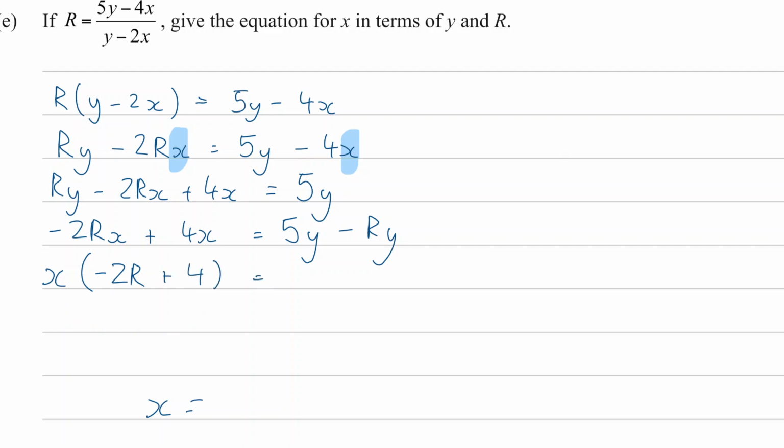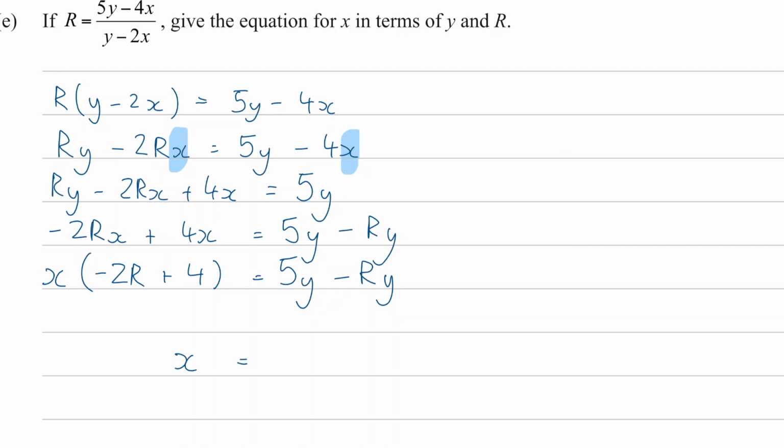And on the right hand side, you could factorize, but since we're just rearranging for x, we don't need to. Okay. And now we have x times this, minus 2r plus 4. So we can divide both sides of the equation by this, and then we'll be left with x on the left-hand side.